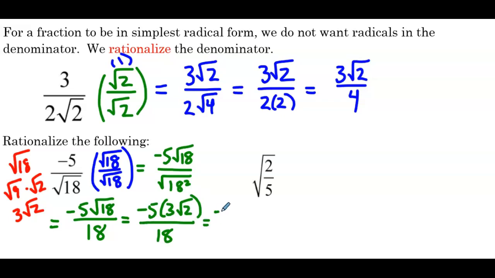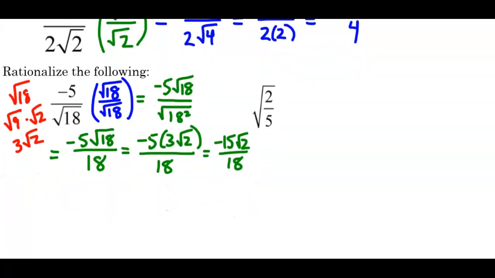So that's going to be negative 15 square root of 2 over 18. And now we have to simplify the ratio of the coefficients. So they both share a factor of 3. So that's going to be 5, and that's going to be 6. So fully simplified, we have negative 5 times the square root of 2 over 6.